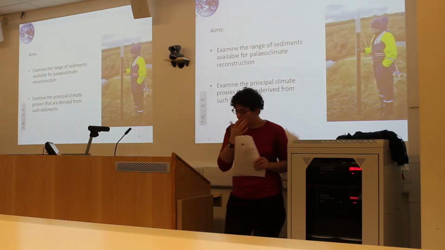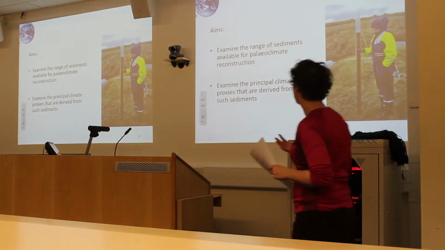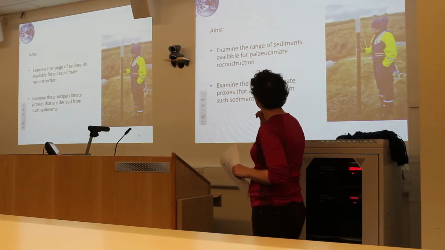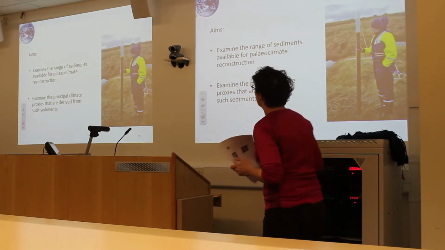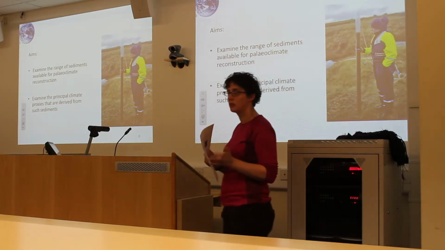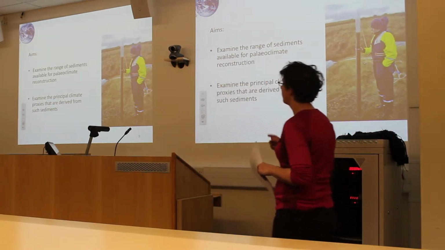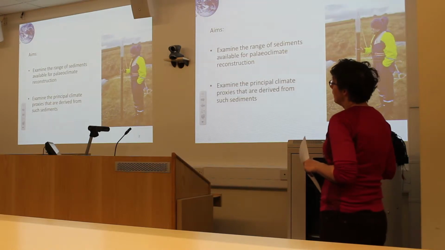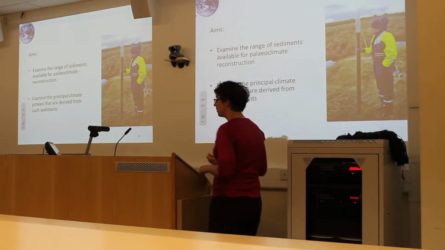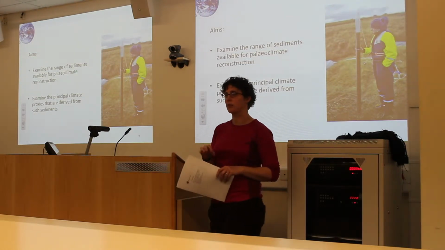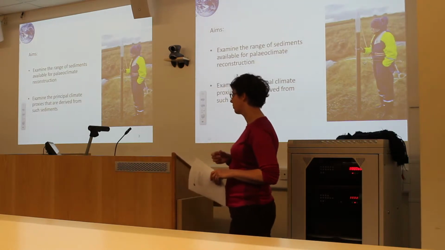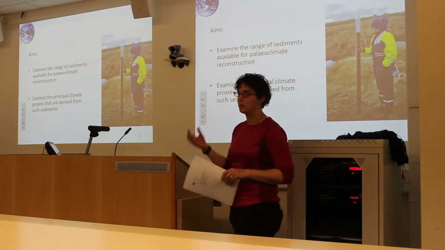So the paleo, marine and terrestrial sediments section of the course, which is what this is, aims to do these two things. Look at a range of different sediments for paleoclimatic reconstruction, which you've already been doing in your first practical. Examine the principal climate proxies that derive from such sediments. So particularly we're looking at what the sediments can tell us, and when you were downloading your data sets for your first practical, what some of those things are and what they can tell us.